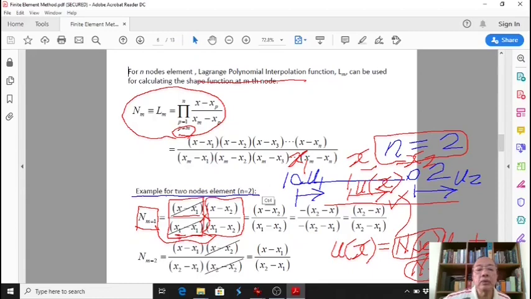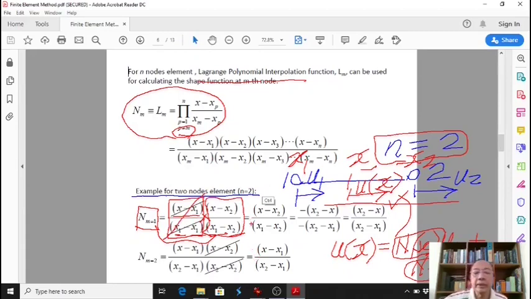So m equals 1 and p equals 1, and we need to cancel this term because we need to satisfy the condition that p must not equal m. For p equal to 2, it satisfies p not equal to m, but when p equals m, we need to ignore this term.